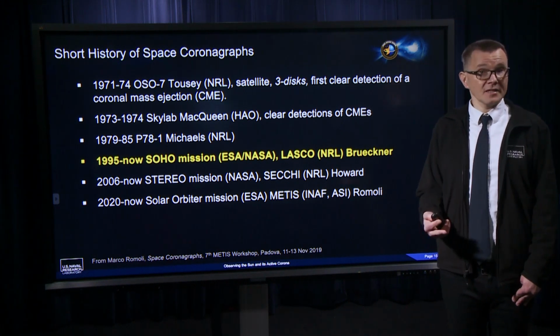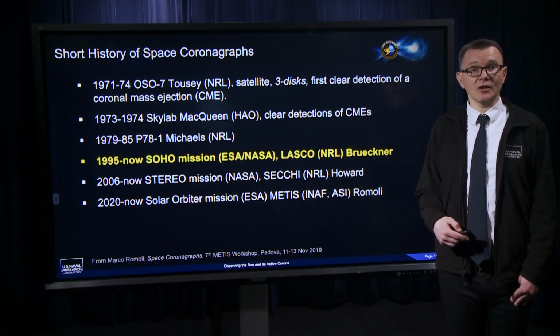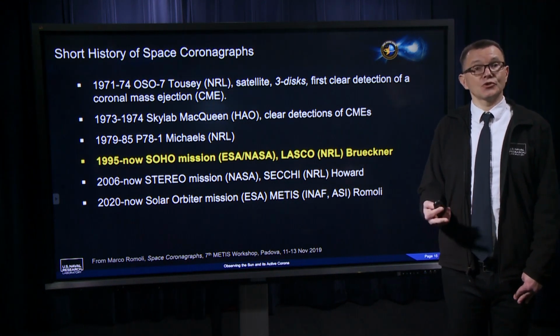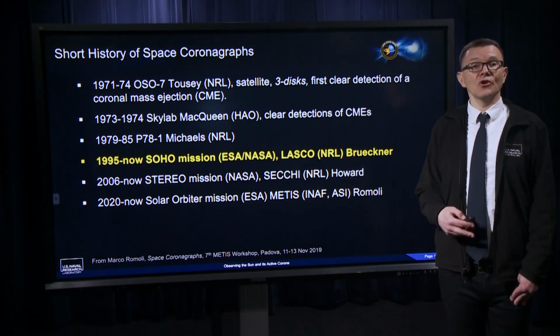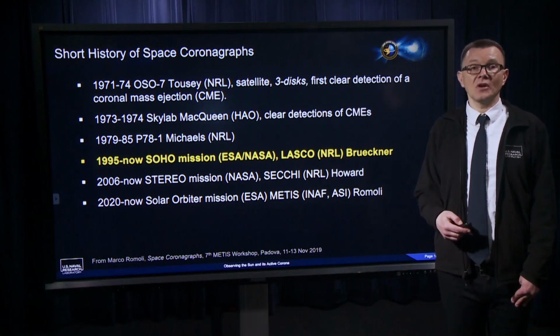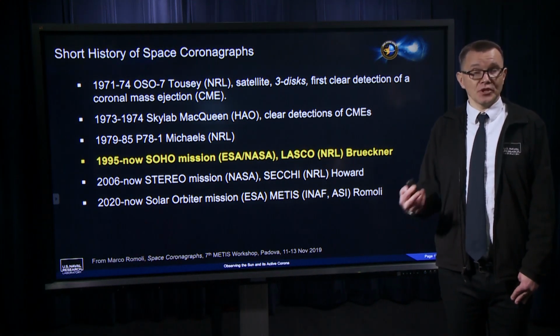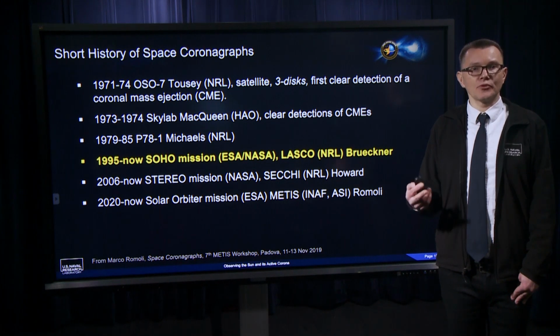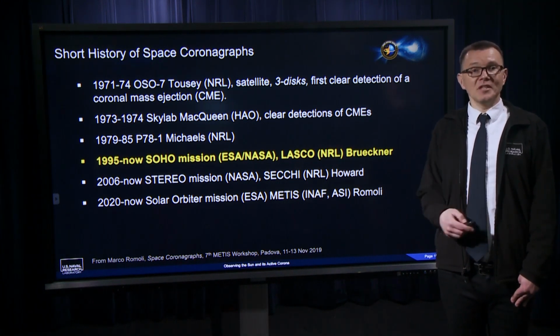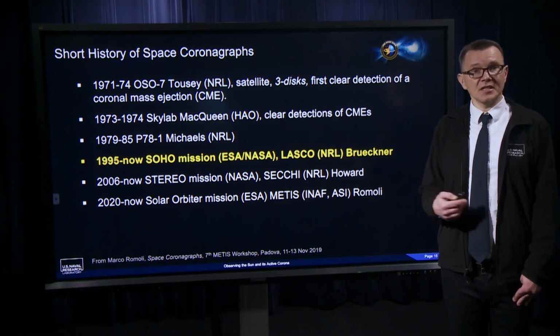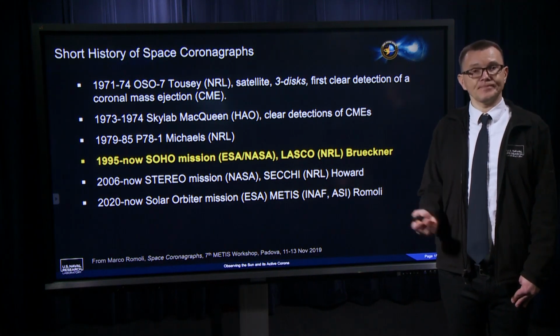As a matter of fact, NOAA is still relying on LASCO data for space weather predictions. The 27 years of almost uninterrupted LASCO observation of the corona is unique and precious. It allowed many breakthroughs in the understanding of the physics of the corona.